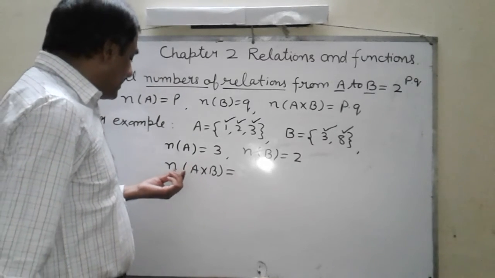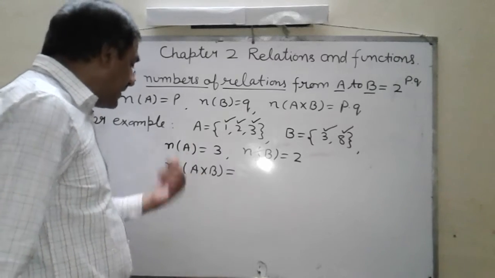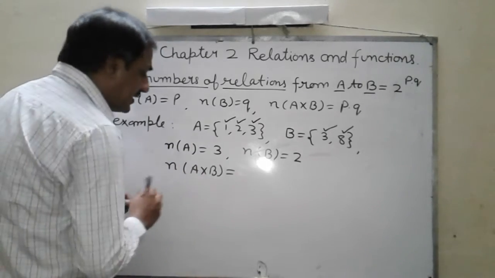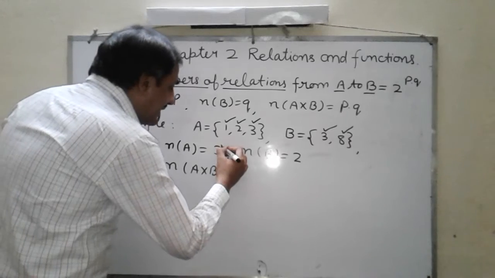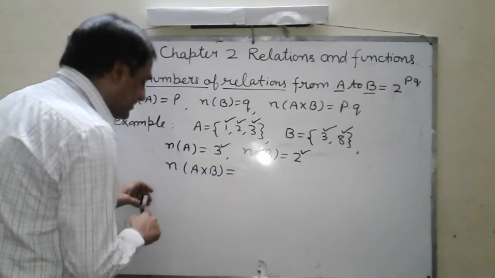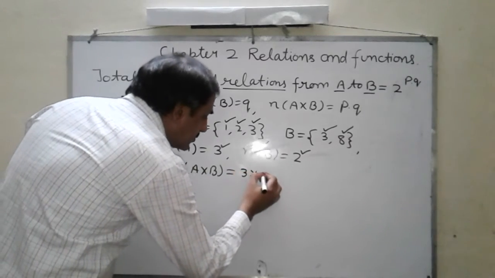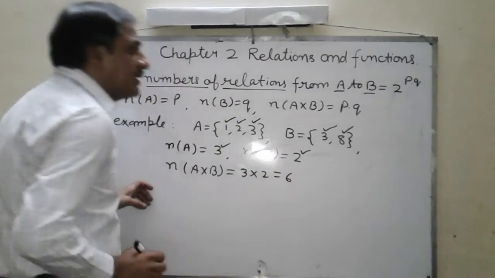here the number of elements of A cross B is equal to how much? Because it has 3 elements and it has 2 elements, the total number of ordered pairs of A cross B is equal to 3 into 2, which is equal to 6.